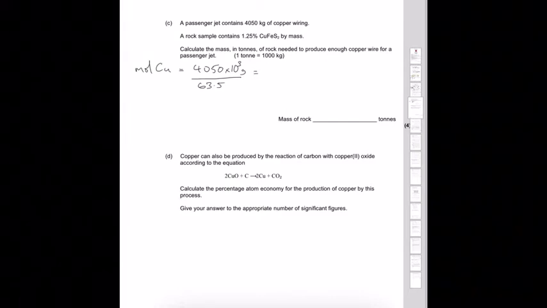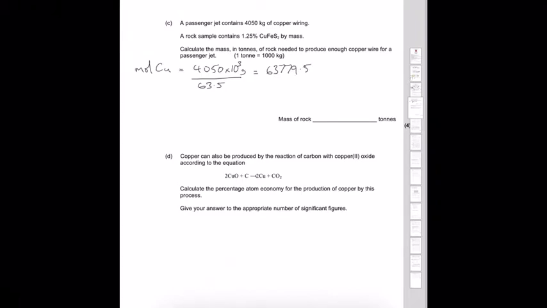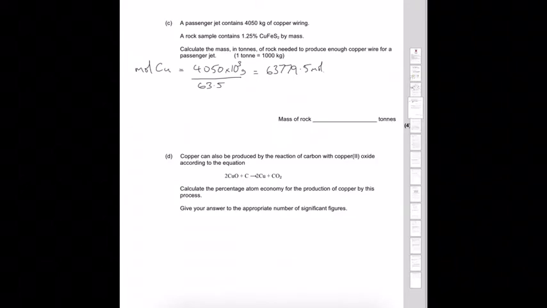Doesn't matter if you use 64, but 63.5 is what they give you. And that should give you a number of moles of 63775 moles. Now that's the moles of copper.